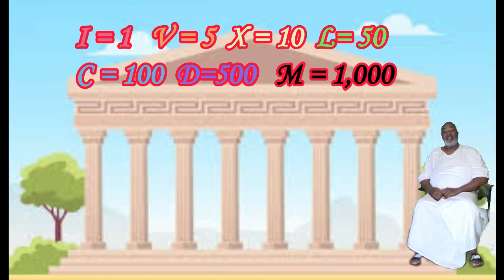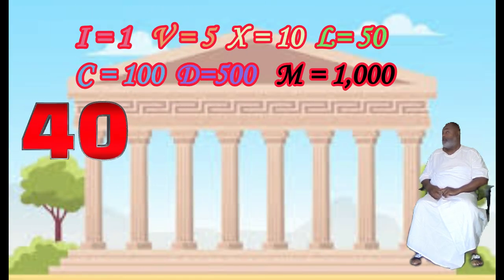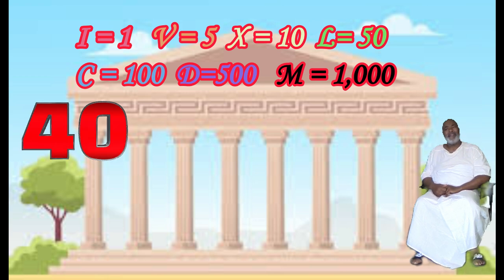Let's look at another example where we're using the 40. Now if you notice, 40 is not in the same place as it was in the first example. The 4 is in the tens place. So that means we are going to subtract 10. What Roman numeral do we know represents 10?